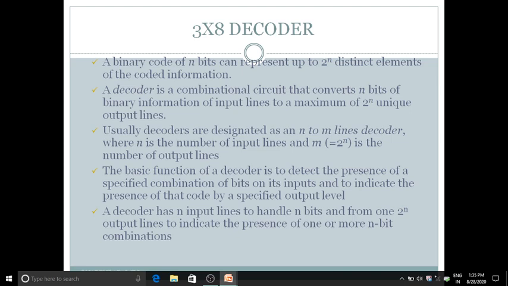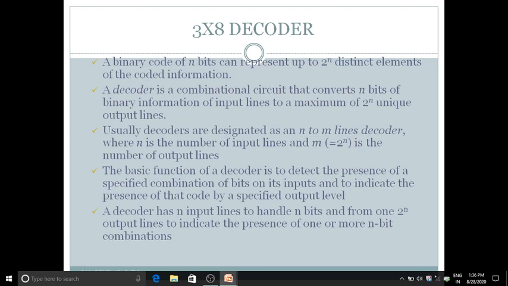The output lines may not be exactly 2 power n for all decoders; it may be less than 2 power n also. So this is how we define a decoder.